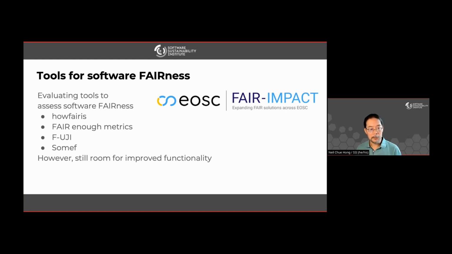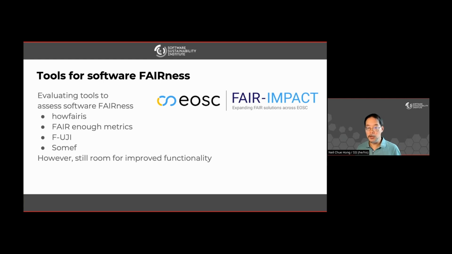However, there's still a lot of room for improved functionality here. Most of these software tools started off as being applied to data, and it's only recently that they've started adapting to be used for research software and for the FAIR4RS software principles.